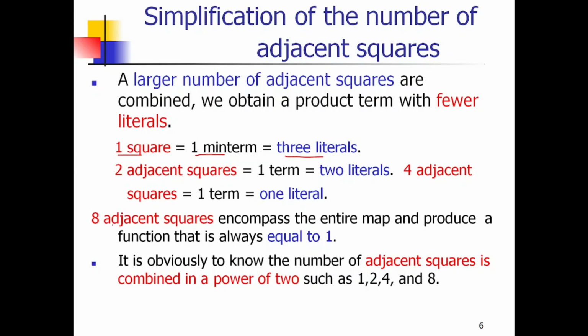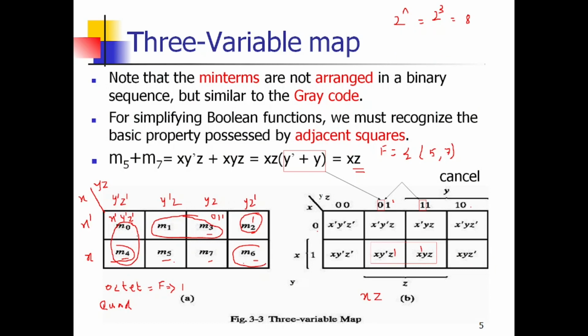And 8 adjacent squares. What is 8 adjacent squares? What we have discussed, 8 adjacent squares is an octet. So what is the Boolean function we are going to obtain for an octet? We have discussed here, no? When all the 8 adjacent cells are plotted, we have to combine all the 8 cells and it becomes 1.